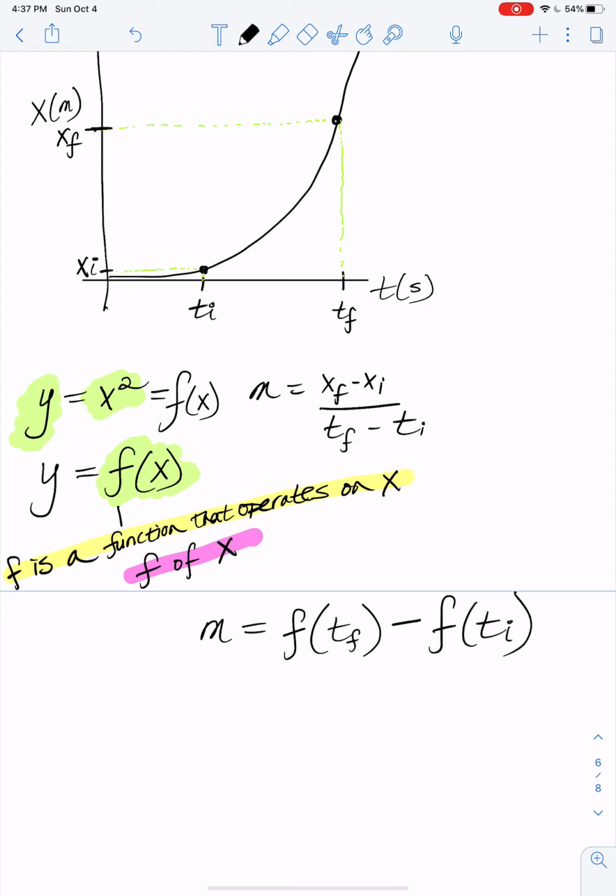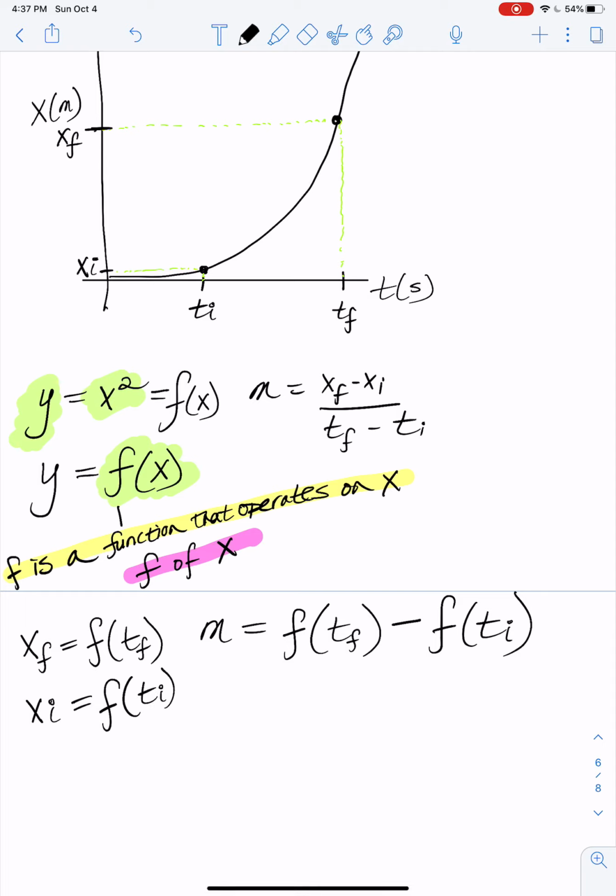All right. So what I'm saying then, indirectly, is that xf, my final position, equals the function when it operates on tf, and xi, my initial position, is equal to the function when it operates on ti.